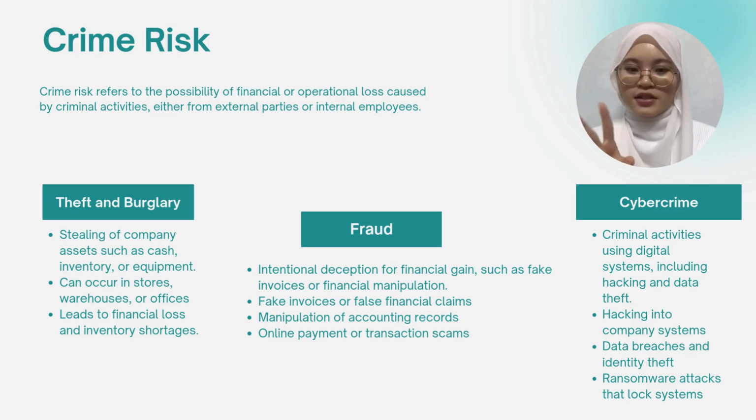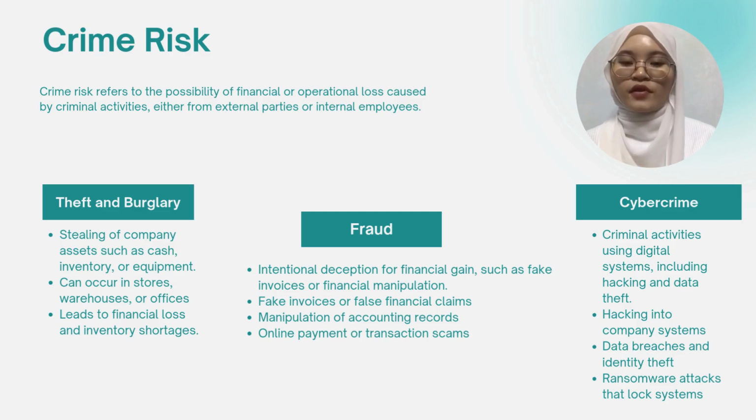The second one is fraud that refers to the intentional deception for financial gain. This can include falsifying financial records, fake invoices, or online payment scams. For example, an employee may manipulate accounting records to transfer money for personal use.